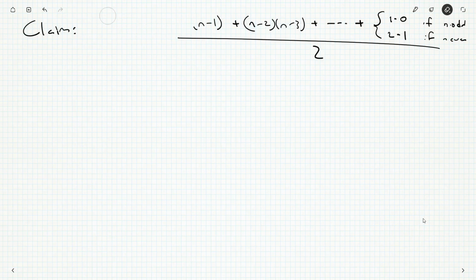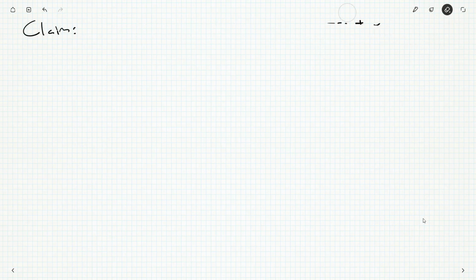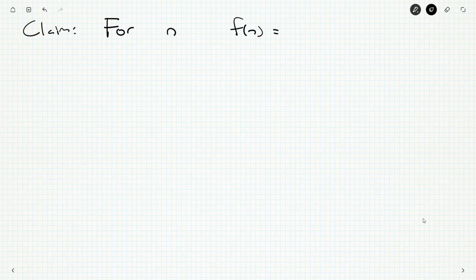Actually, let's try for something that's easier and more visual. So for n, f of n is n times n minus 1 over 2, size 1 downward triangles. I know it's been a while since we've been talking about this. I've mostly been mucking about with formulas.